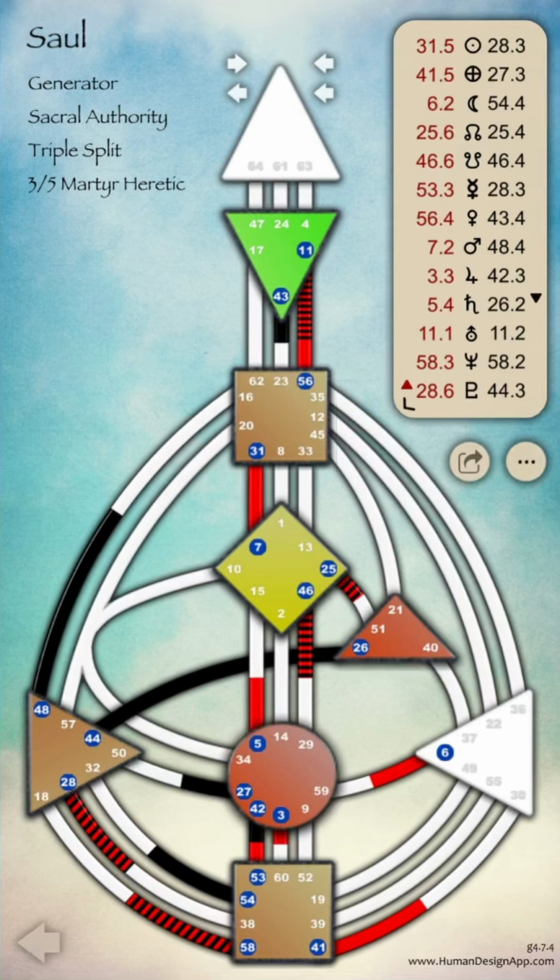The second most important thing, Ra says, is once you know your strategy and follow it, you're going to get things to respond to. Then how do you know how to make the best decisions for yourself, that it's good, correct and healthy for you? This is where we use our authority. Everyone has their own inner authority inside themselves that knows what's best for them.